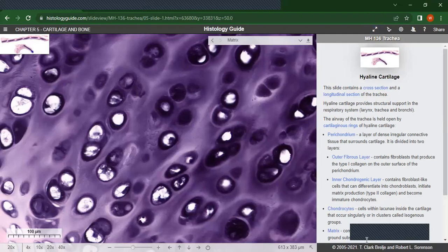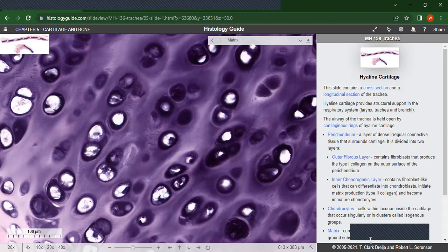So the ground substance is made up of proteoglycans. The main glycosaminoglycan in hyaline is hyaluronic acid, but it is not the only one. We have other smaller glycosaminoglycans, such as chondroitin 4 sulfate, chondroitin 6 sulfate, and keratan sulfate, and they are usually attached to the hyaluronic acid to form a proteoglycan.